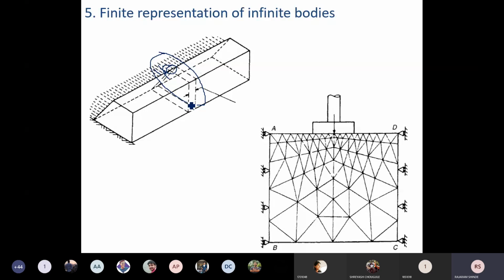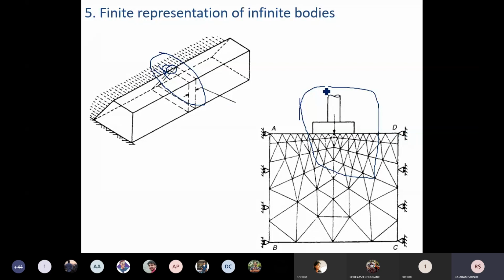Okay, same thing I will show you here. This is the foundation of one machine. Now, when we consider the foundation, near the foundation or near the leg of the machine, you have critical vibrations. When we go away from that support, you will get less vibrations.